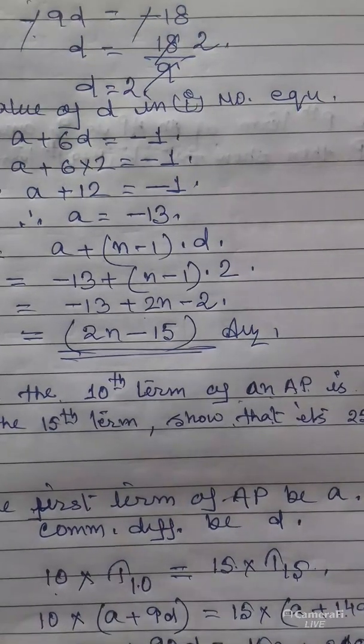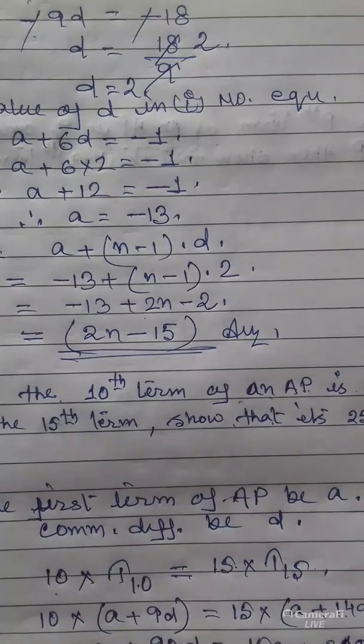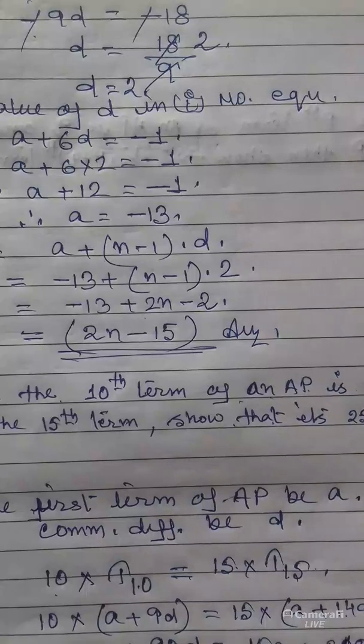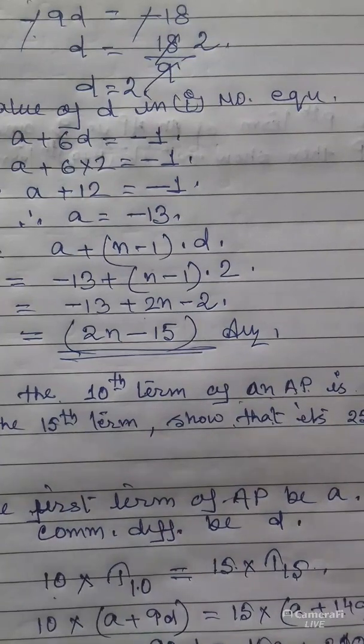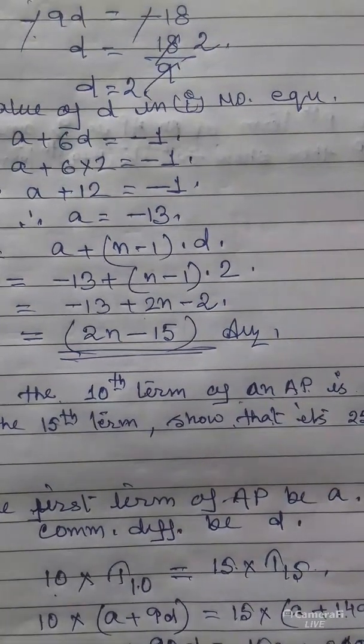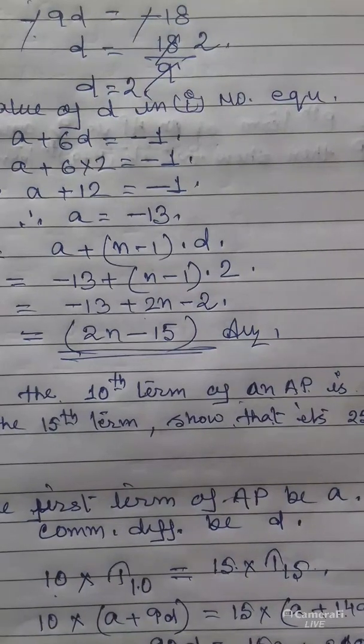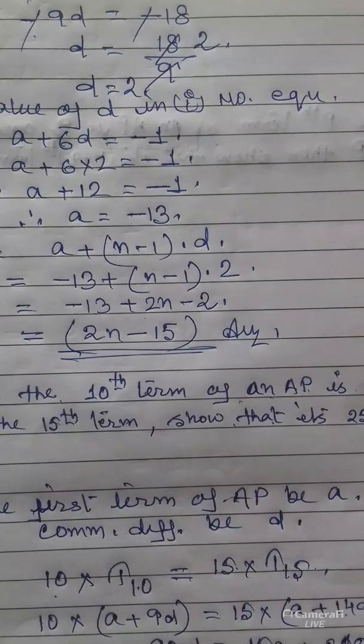Now 10A minus 15A equals 210D minus 90D. Minus 5A equals 210 minus 90 times D.